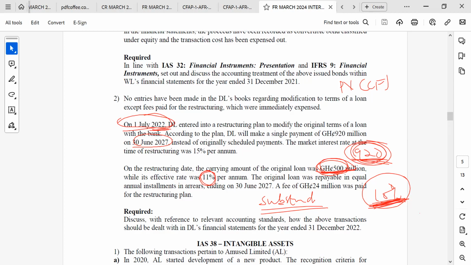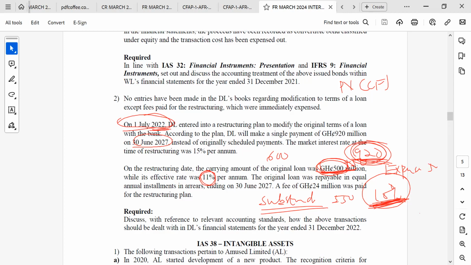But non-substantial means that if the value is now 550 and the difference is no more than 10%, you just add 50 to this particular value, and that is all. That 50 is an additional amount that you are paying, so you recognize an expense in profit or loss of 50.